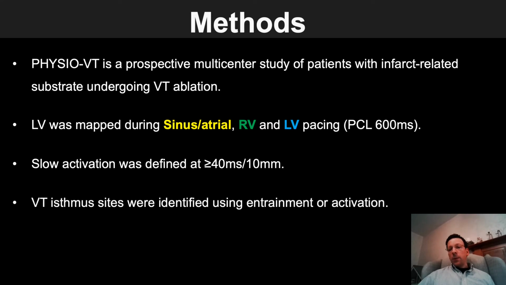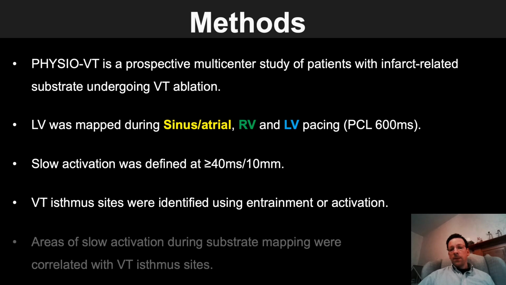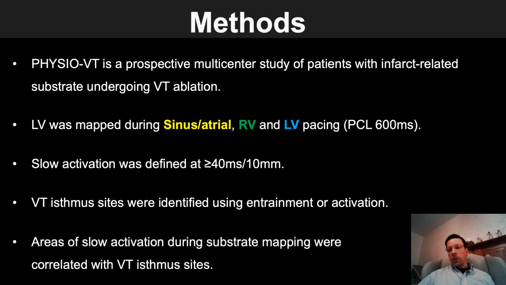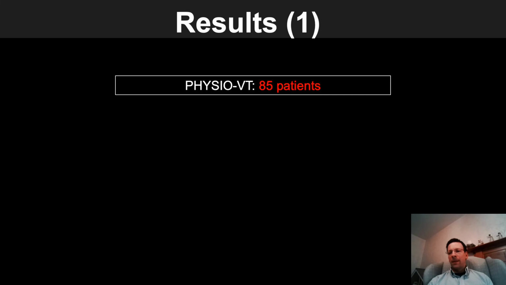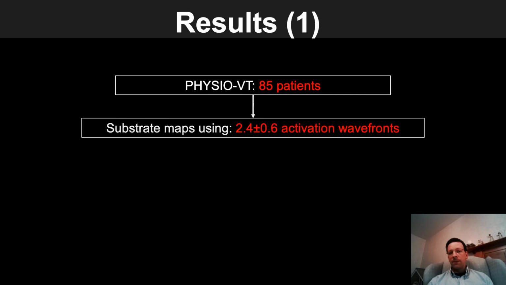Anytime a VT was induced, the arrhythmia was either mapped or entrained in an attempt to define the location of the critical VT isthmus. And finally, we correlated areas of slow conduction with the physical location of known VT isthmuses. The Physio-VT study enrolled 85 patients. Substrate mapping was done using 2 to 3 wavefronts, on average 2.4 wavefronts.